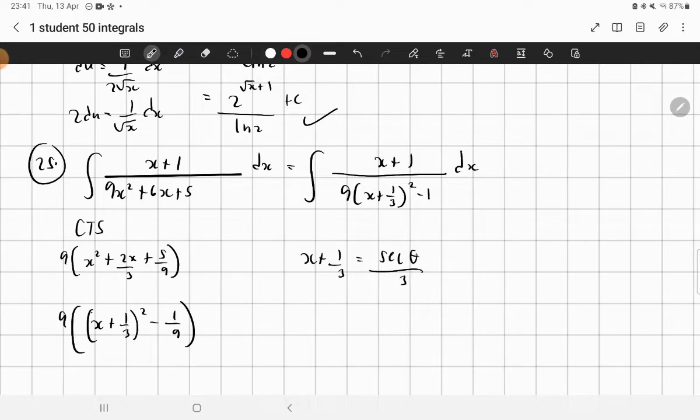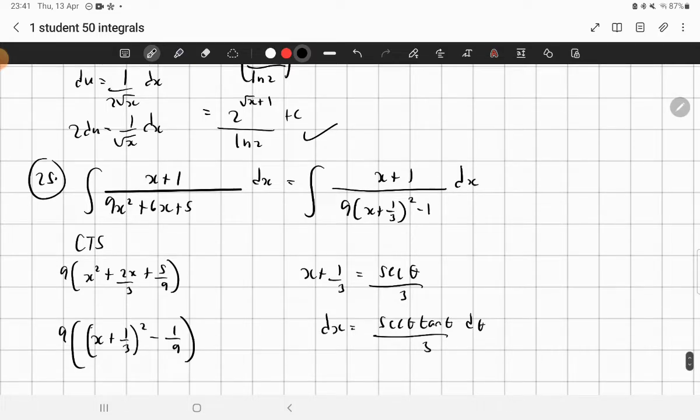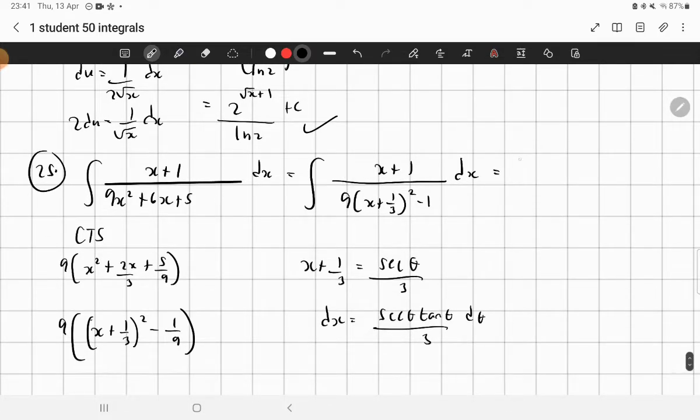And then the first derivative will be secant theta tangent theta over 3 d theta. Alright, so this is very nice so far.